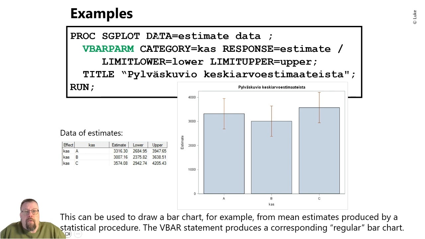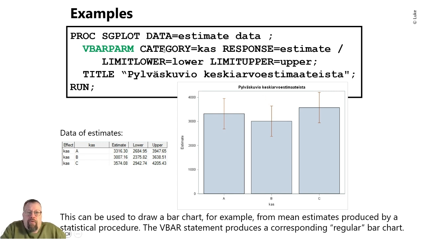But vbarparm is used for situations like this, where you already have one value to define the length of the bar, and then you have these other values to define the lower and upper limits of these lines we have here.